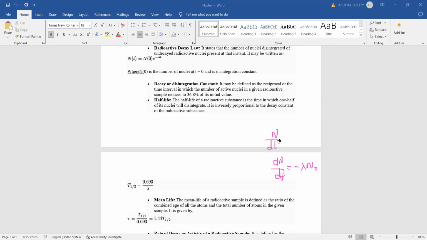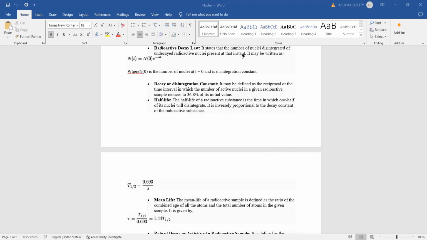the next part, that is the half life and the mean life. So what is half life here? The half life of a radioactive substance is the time in which one half of its nuclei will disintegrate. It is inversely proportional to the decay constant of the radioactive substance.